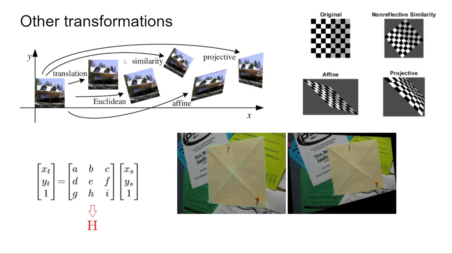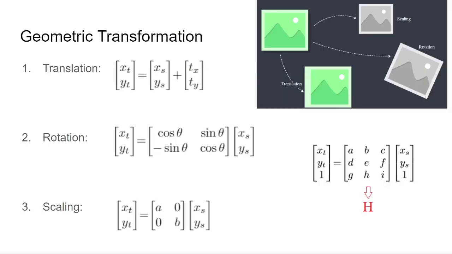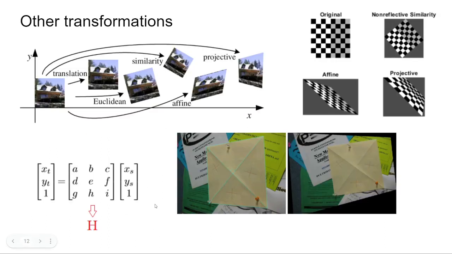And there are other transformations also other than translation, rotation and scaling. I just mention the names only: affine transformation, similarity transformation, projective transformation, etc. Those all transformations can be represented generally using this H matrix.